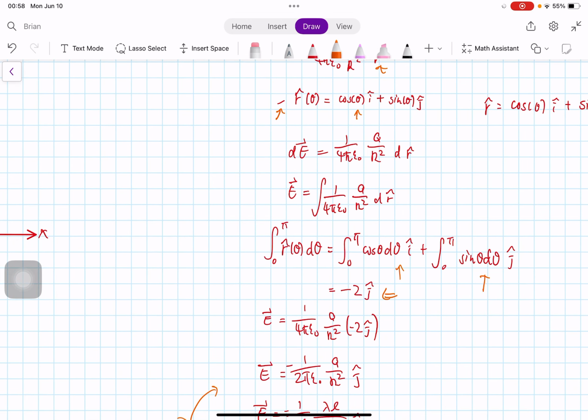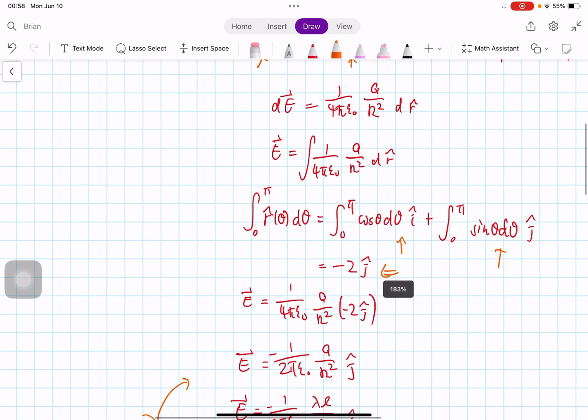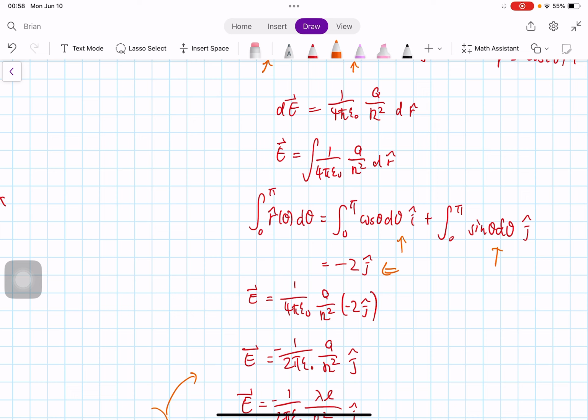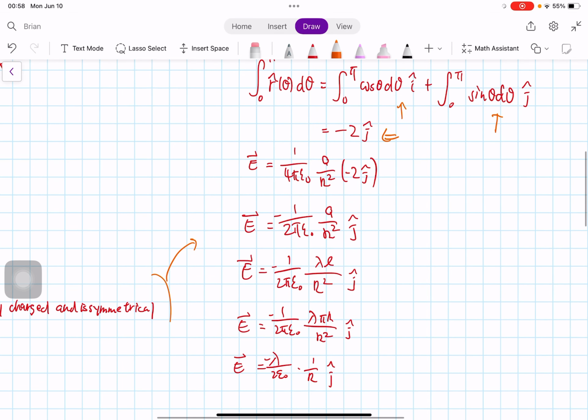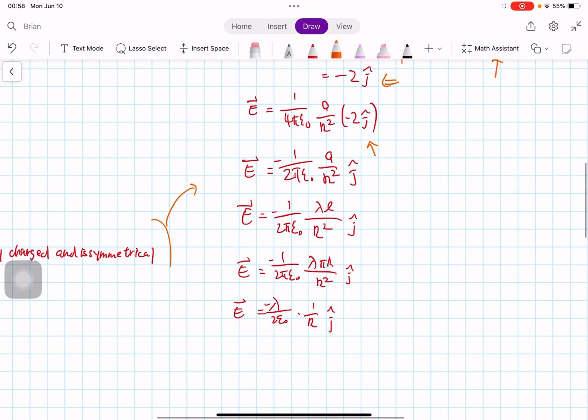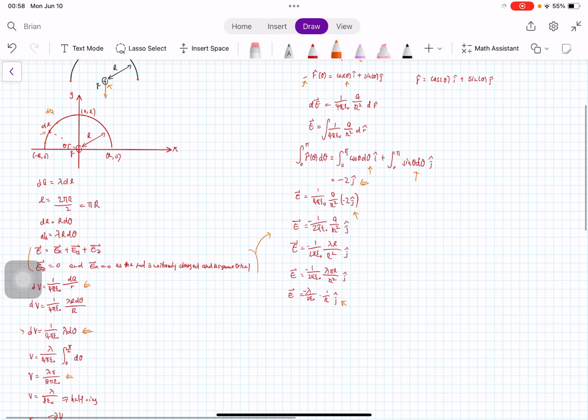So all I have to do now, when I sum up all the electric forces, is sum up the magnitude times negative 2j. So at the end, here's what I said, and at the end I will have this form after I substitute different things with these three equations.